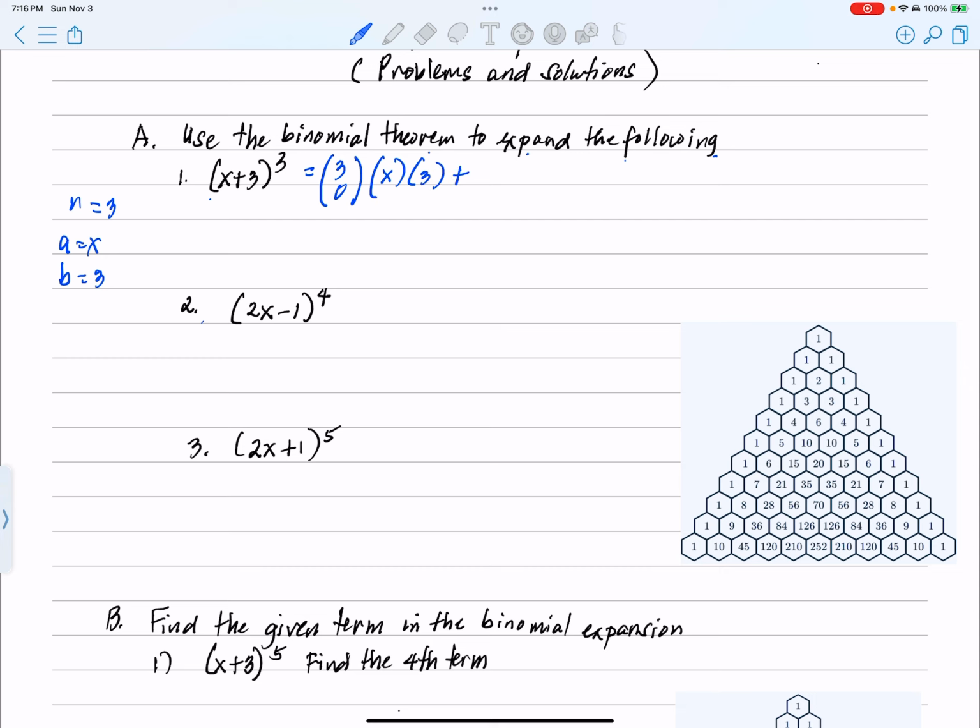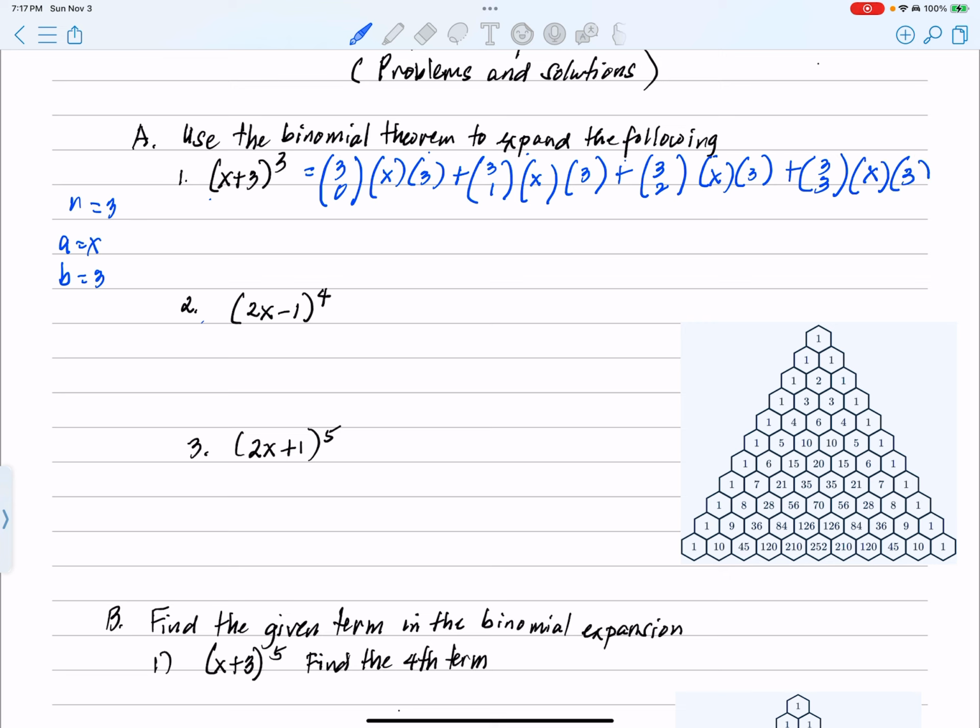Then I will assign the exponent later. 3 choose 1, first term, second term. 3 choose 2, first term, second term. Then 3 choose 3. That would be first term, second term.